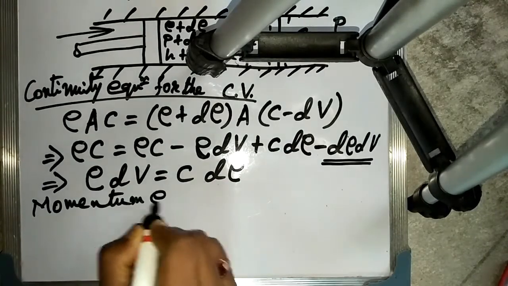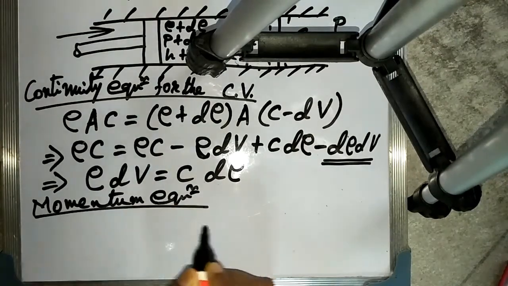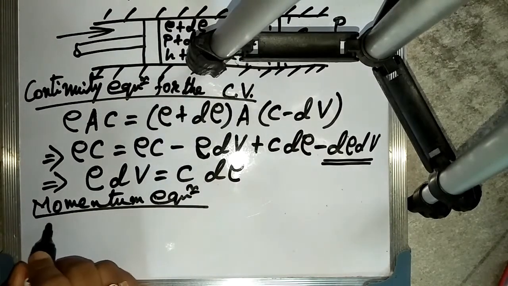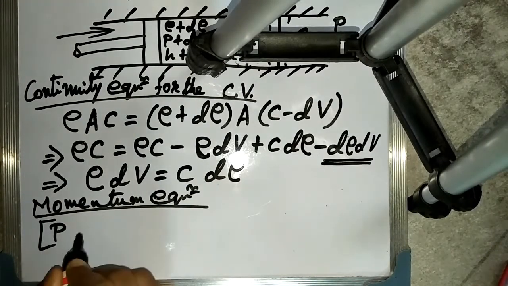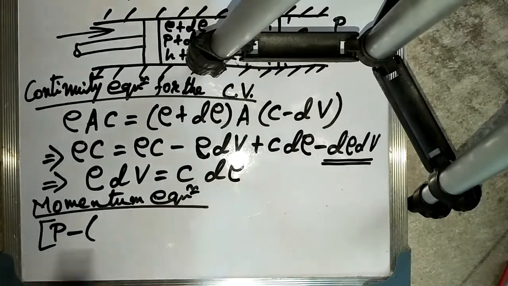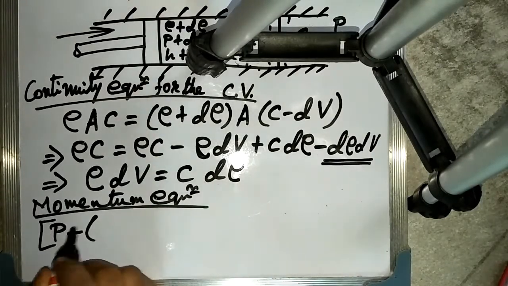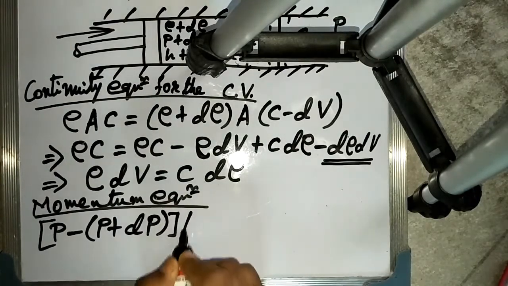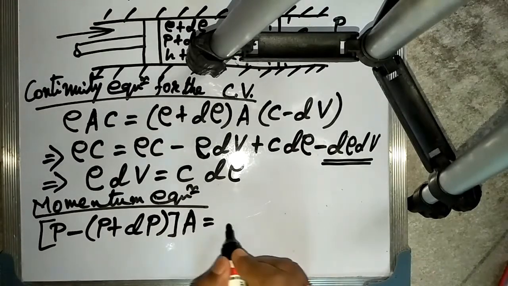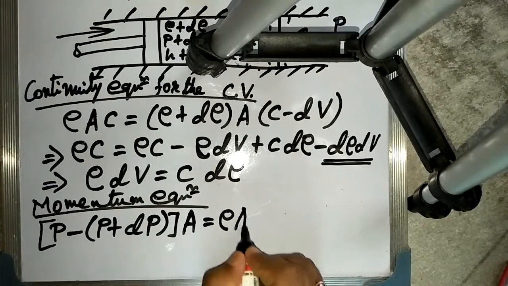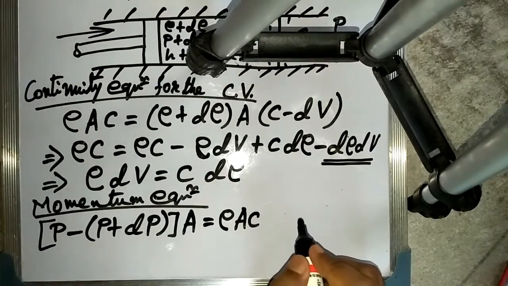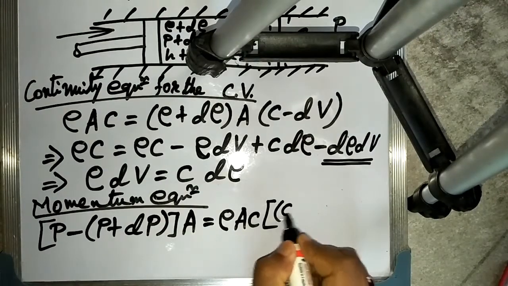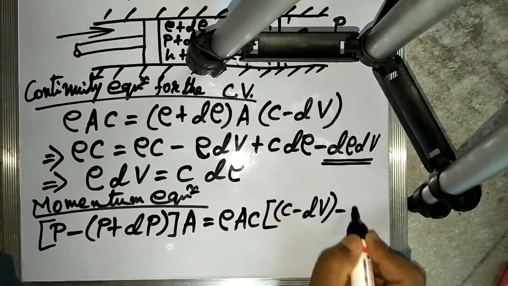That is, the pressure P beyond the control volume minus the increased pressure P plus dP, into the area, is equal to rho into A into the velocity of the wavefront into the velocity difference, that means c minus dv minus c.